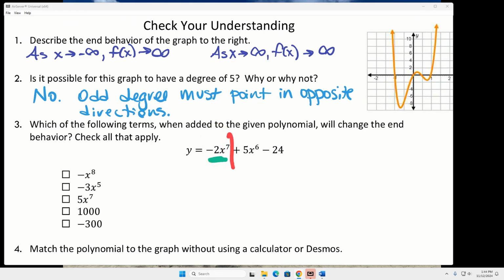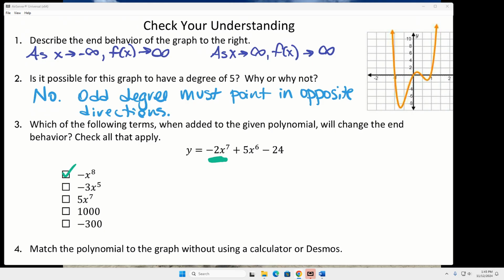So anything other than changing this is not going to work. All right? So would adding negative x to the 8th, would that change the degree? Yes. So it would change it. It would be going from being like this to being like this. So it would definitely change it.